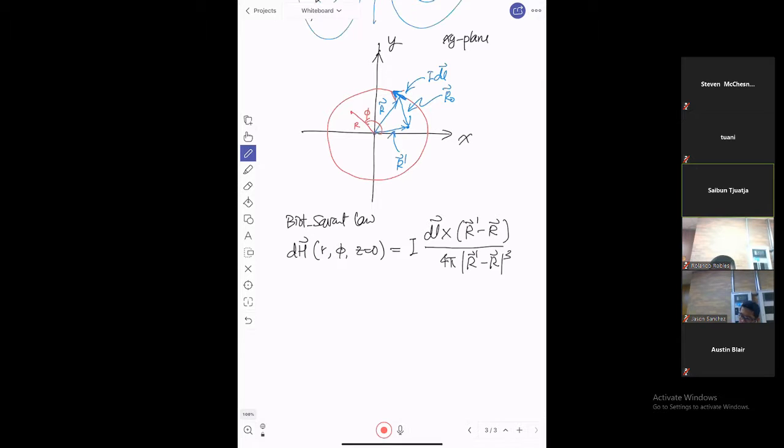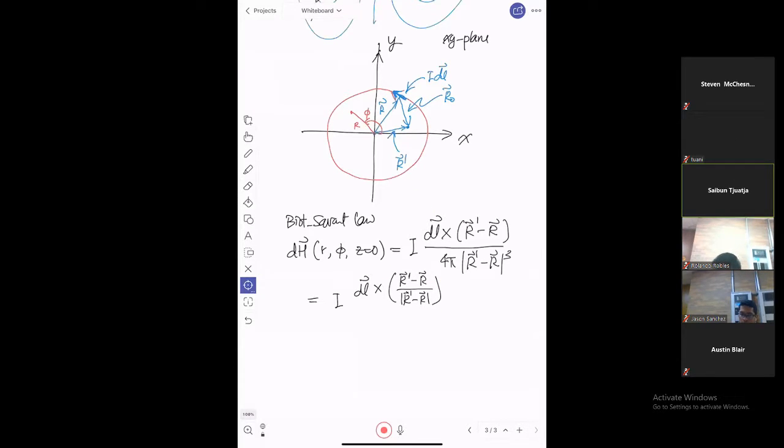Or I can rewrite it. This is equal to I dl cross with the unit vector, which is R prime minus R divided by the magnitude of R prime minus R. So this term is nothing but the unit vector in these directions.